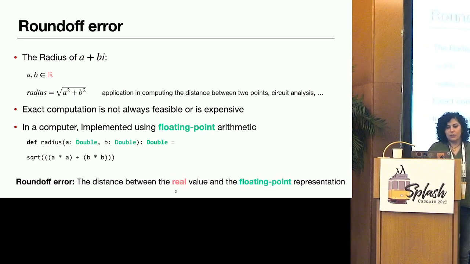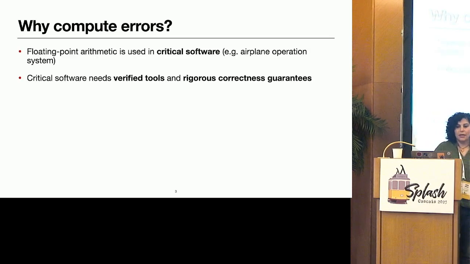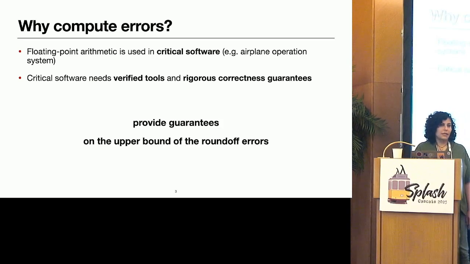And the round-off errors are the distance between the real value and the floating point representation. So these errors possibly and most probably make the results incorrect, and at the same time, floating point arithmetic is used in critical systems, and we would want verified tools and rigorous correctness guarantees for such systems. So that is why we need to provide guarantees for the upper bound of round-off errors.